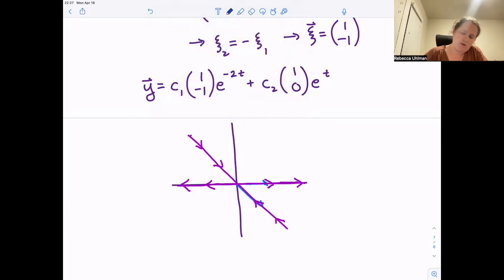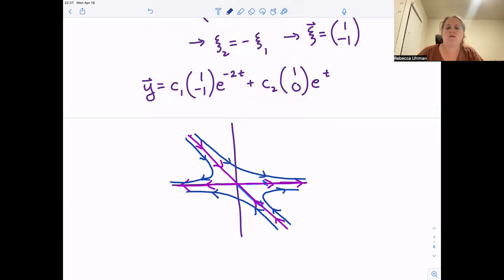So we'll start off along the 1, -1 line, and then curve around to follow the 1, 0 line as time passes. So that is how we go about finding the shadow trajectories for a 2x2 system.